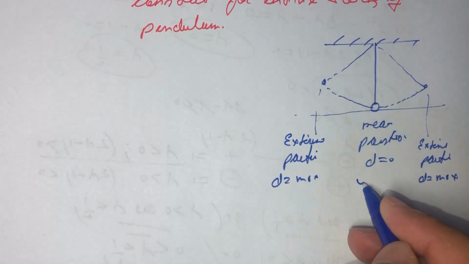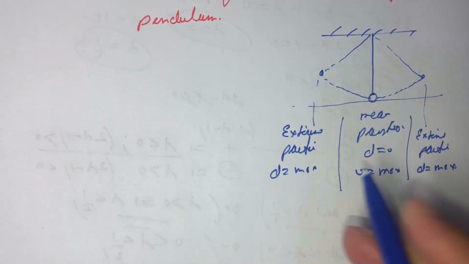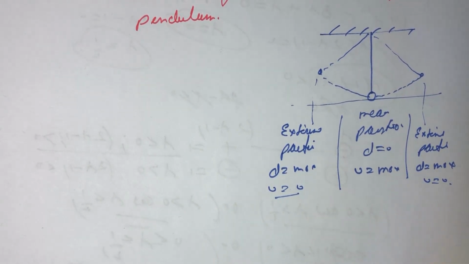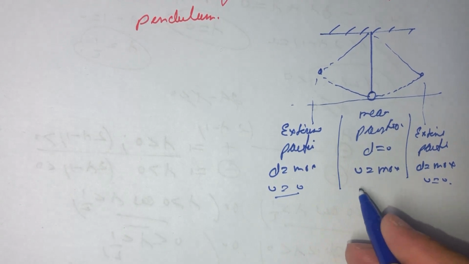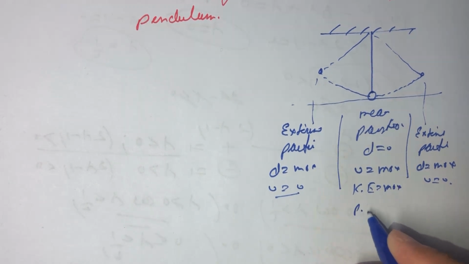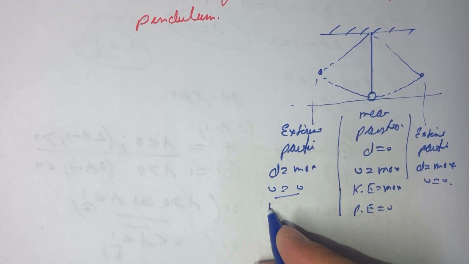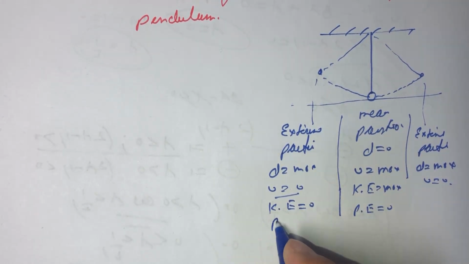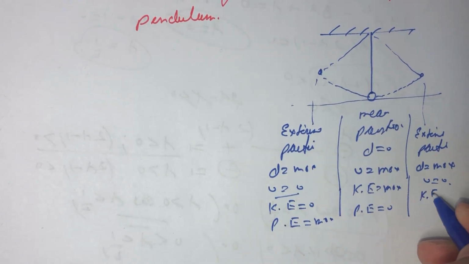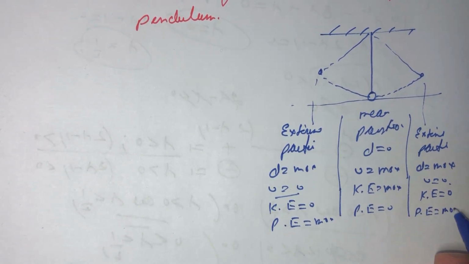Velocity is maximum at the mean position, and at the extreme positions velocity is 0. So at the mean position kinetic energy will be maximum and potential energy will be equal to 0, whereas in the extreme position kinetic energy will be 0 and potential energy will be maximum, and this goes for the other side also.